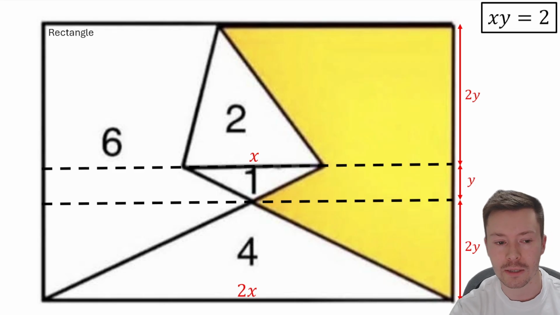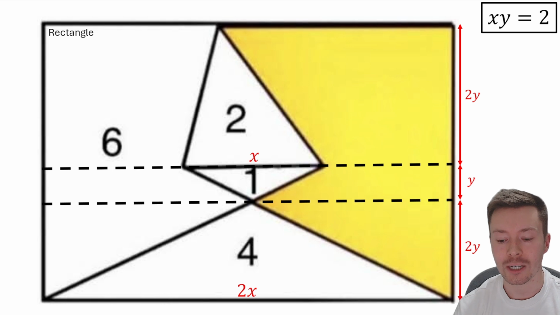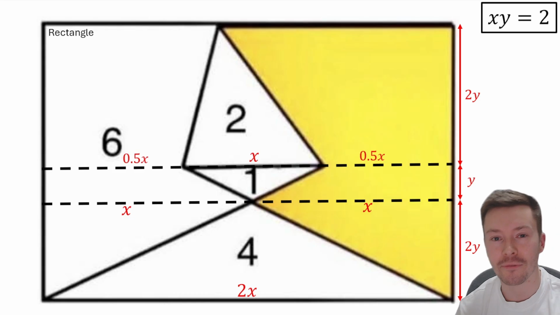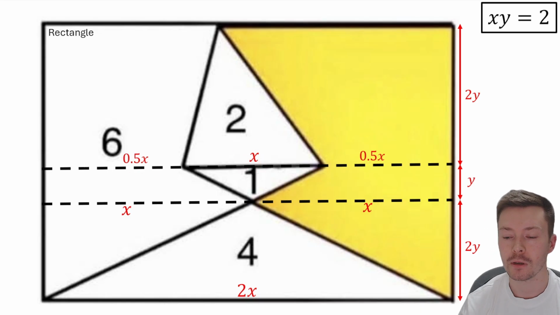And so what that means is that the bottom dashed line, either side of that apex, is going to have to be x, and then the bits above it are 0.5x, because you're doing 2x at the bottom, that's the full width, take away x is 1x, and then you're splitting it in half, okay?